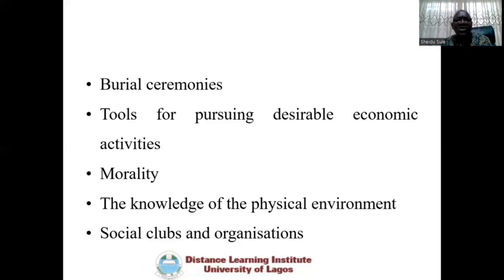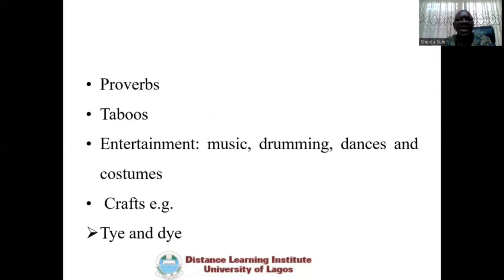Social clubs and organizations, proverbs, taboos, entertainment, music, drumming, dances, and costumes, all these form part of the African traditional education content areas.